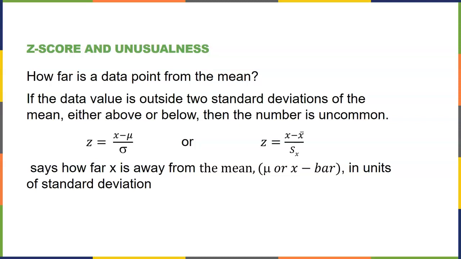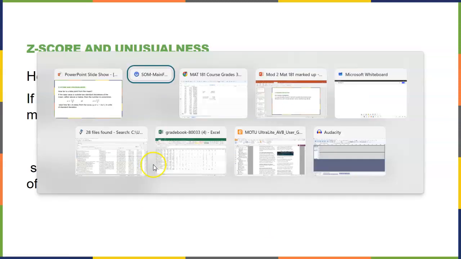So what we do is we take the data point value that we're interested in, subtract the mean from it, and then divide it by the standard deviation, right? So that is going to tell us how many standard deviations a data point is from the mean. Okay, so here is our formula. X minus the mean divided by the standard deviation.